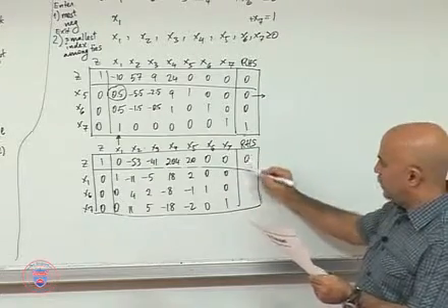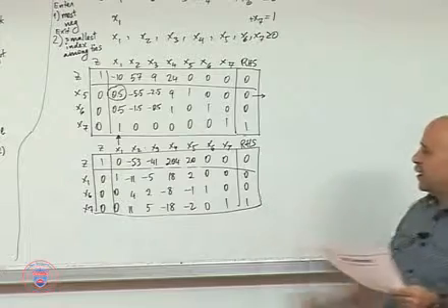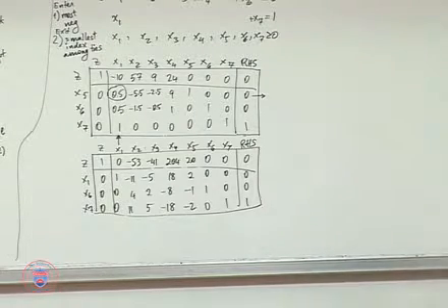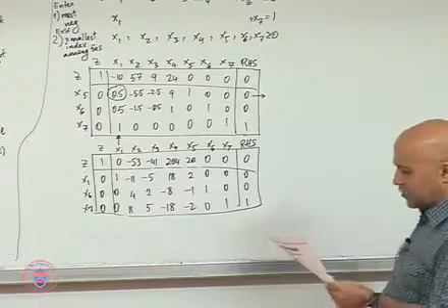And the right side, 0, 0, 0, 1. Nothing has changed on the right side. We're just in the same solution still.